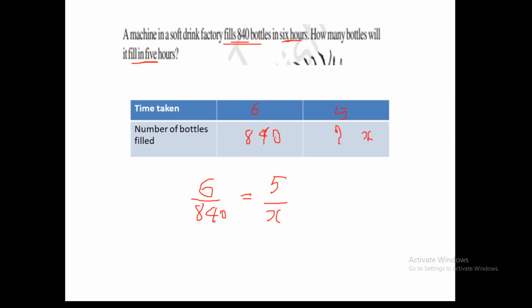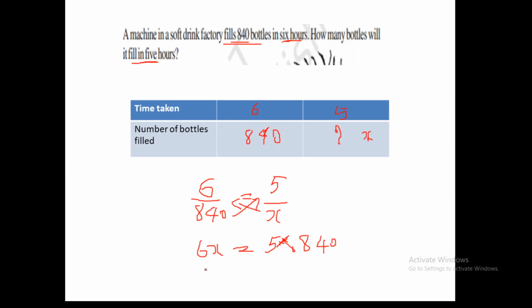And also we know that after cross multiplication in like fractions, the products will be equal. So 6 into x, that is 6x, is equal to 5 into 840.